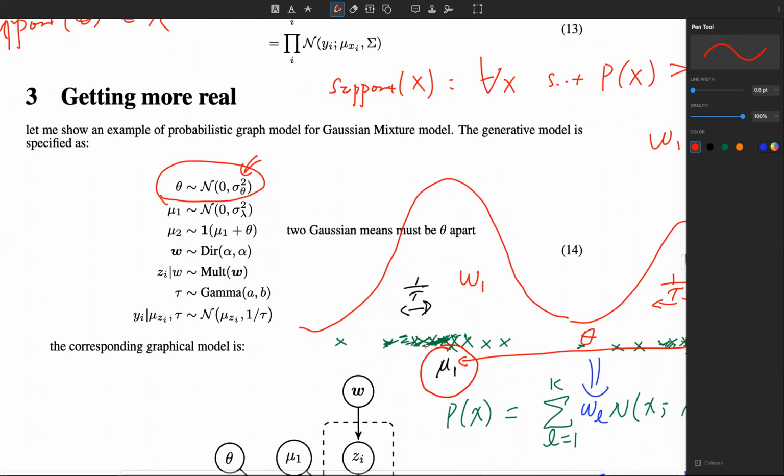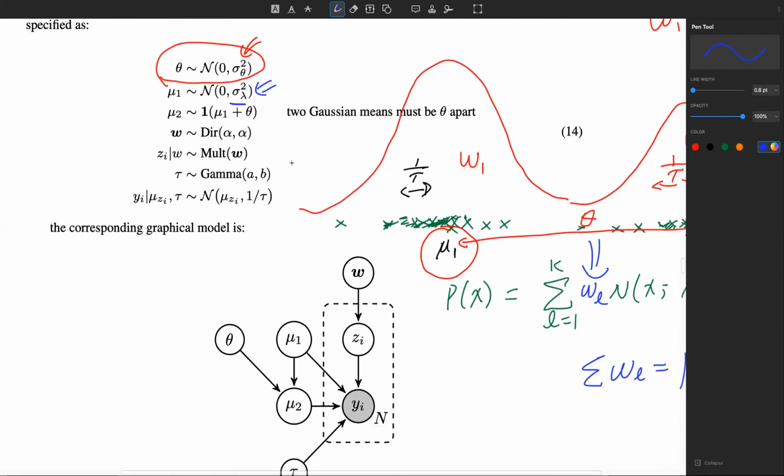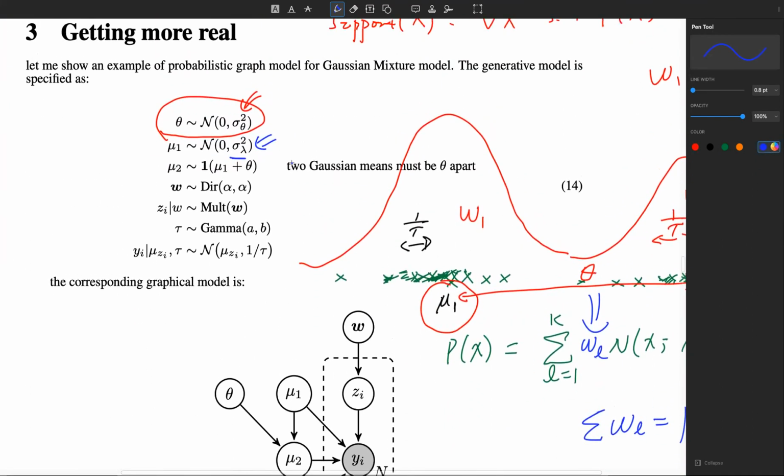This would be a hyperprior as well, because it's not a random error. So I wanted to write it as mu2 equal to mu1 plus theta. That's fine.